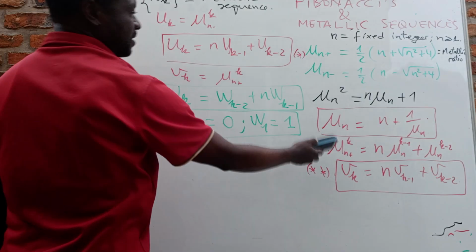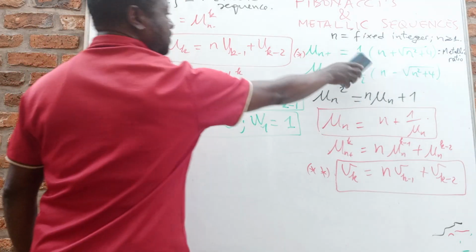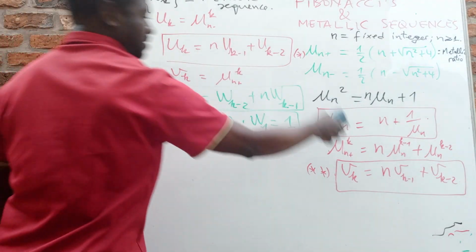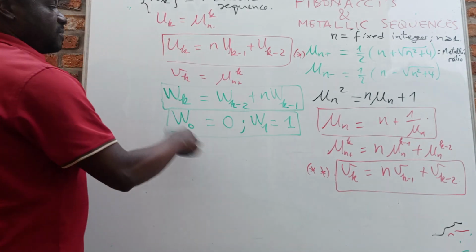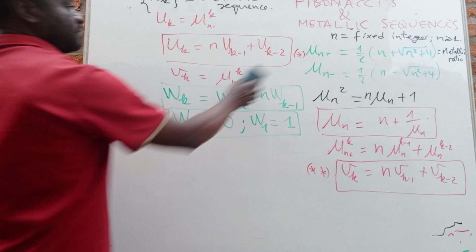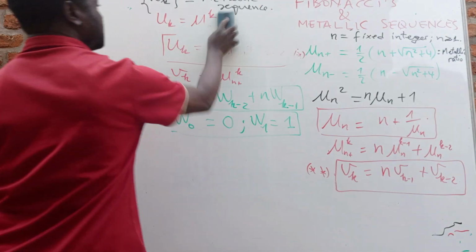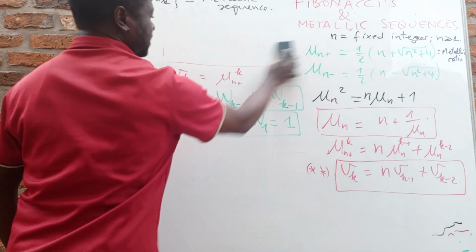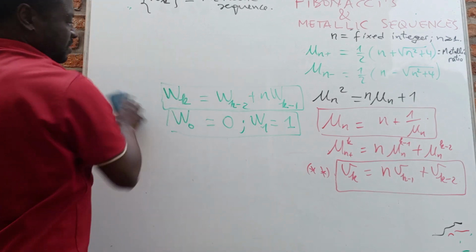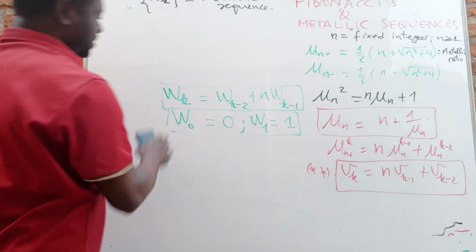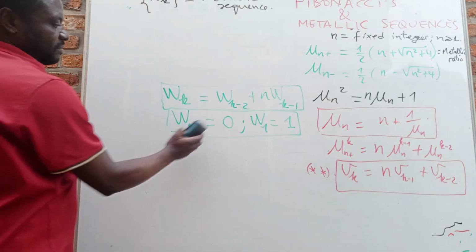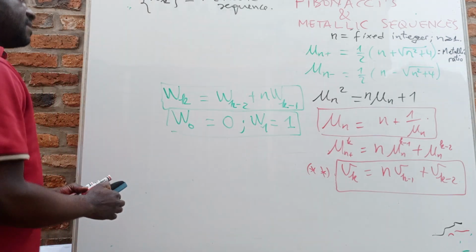These ones as a function of this, the combination of these two, uk and vk, can be combined to define this one. So this can be proved. And then the general term of this metallic sequence is wk with these initial conditions.